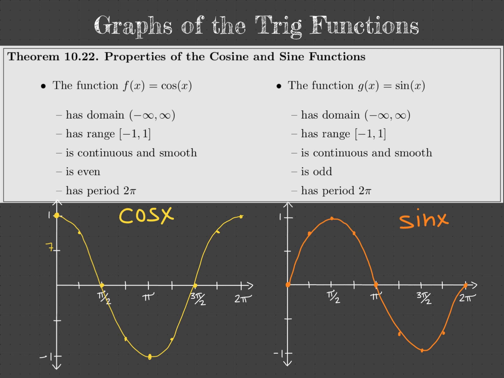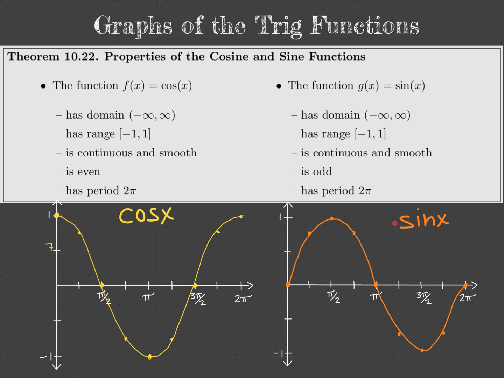The cosine is an even function and the sine is an odd function. We can see that visually: if we kept going with our cosine function, it is symmetrical about the y-axis, whereas the sine function is symmetrical about the origin. It's not symmetrical about the y-axis. Both of them, as we've previously discussed, have a period of 2 pi.